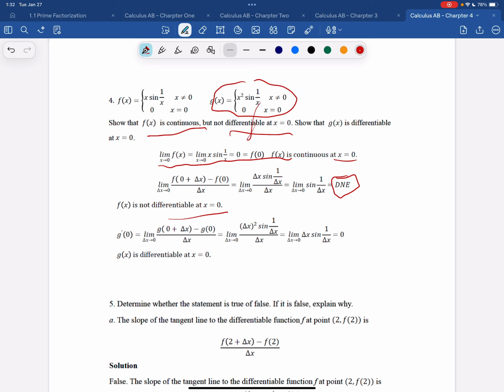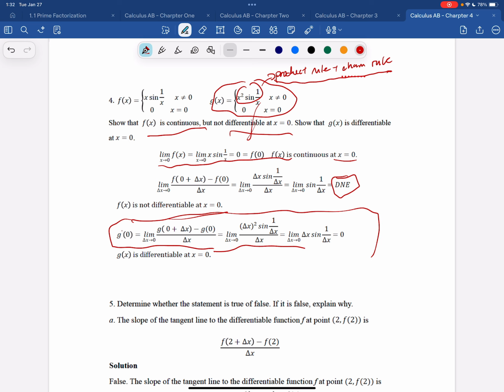We can use the product rule plus the chain rule, which I'll talk about later in the next unit, but here we can just plug it in as always and find that g(x) is differentiable at x equals 0. Pretty simple, right?